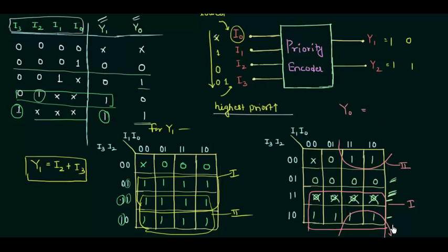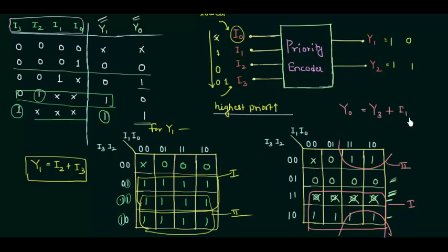Y0 is equal to, for the first group I'm having I3 with no doubt, we have already done this in the earlier case. And for the second group let's see what's changing and what's not. For the second group you can see that I1 is 1 and it's not changing in this column, whereas I0 is changing from 1 to 0, so we will neglect I0 and I will write I1. As it is a group of 4 ones we will eliminate 2 and still we are left with 2.